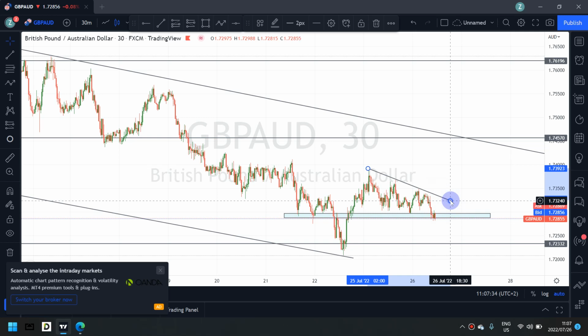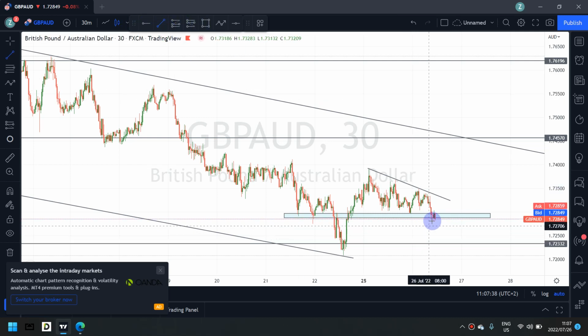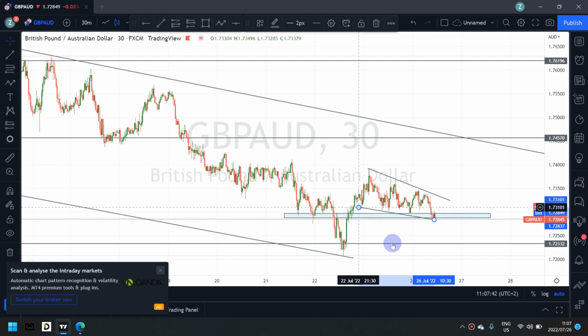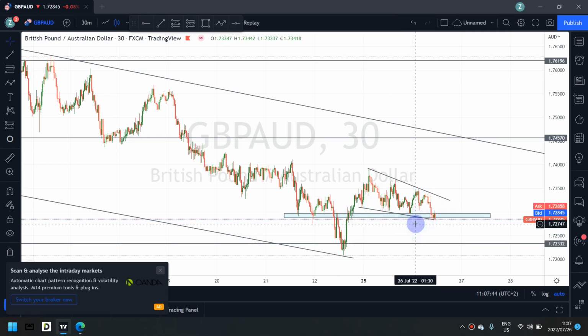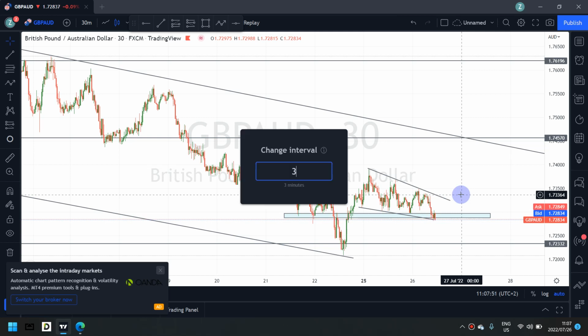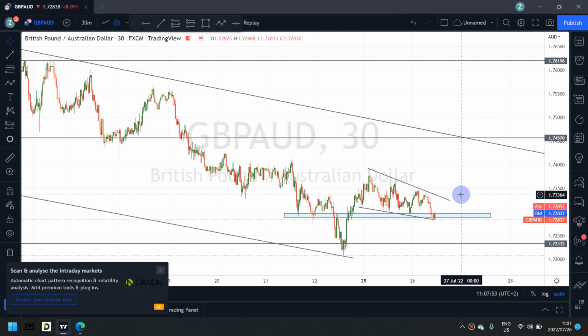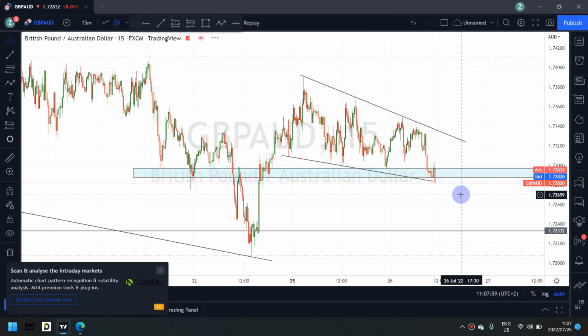So this is the trend that I'm talking about, a descending wedge on our support zone, right? So basically I feel like this is not a 30-minute time frame trend, but a 15-minute time frame trend, right?